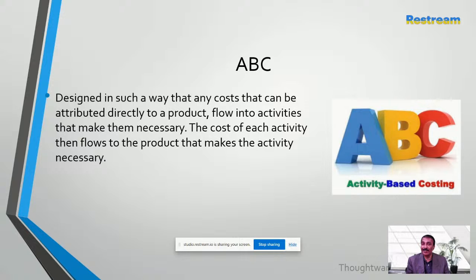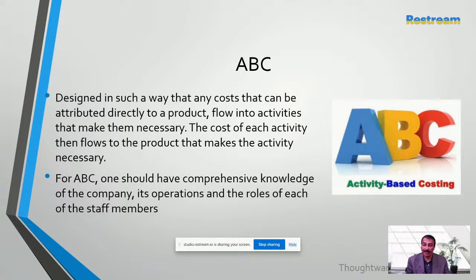So you need to justify this additional labor expense to calculate this ABC type of costing. Is it really essential, necessary for this operation, has to be found out. And for ABC, one should have a comprehensive knowledge of the company, its operation, the roles of each staff member.